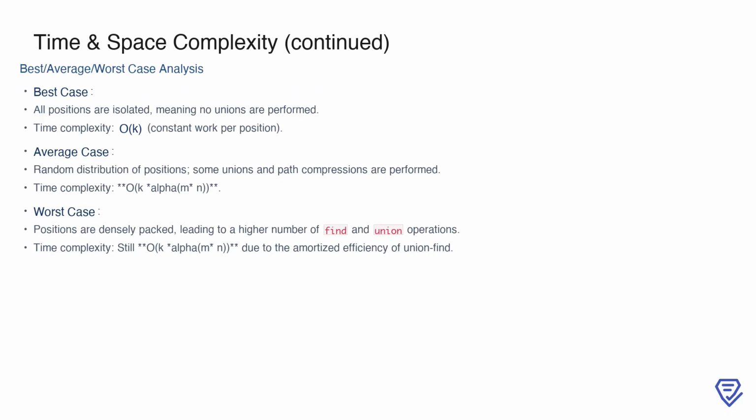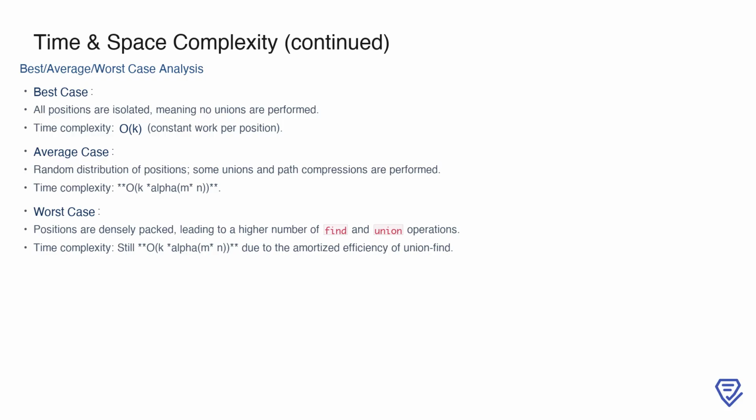When analyzing the best, average, and worst-case scenarios, we observe interesting characteristics of the union-find approach. In the best-case scenario, all positions are isolated, meaning no union operations are needed. Here, the time complexity simplifies to O(k), as only basic operations are performed for each position.